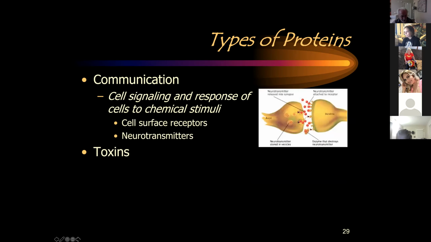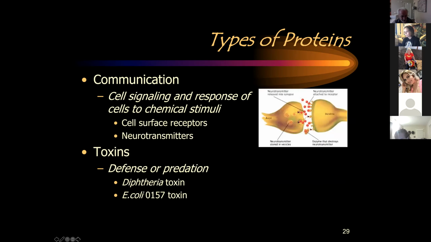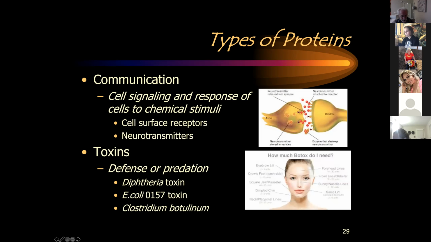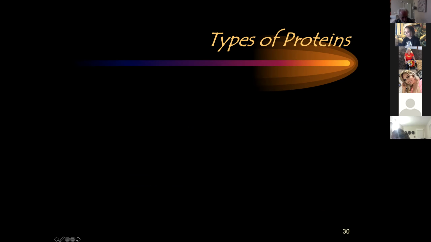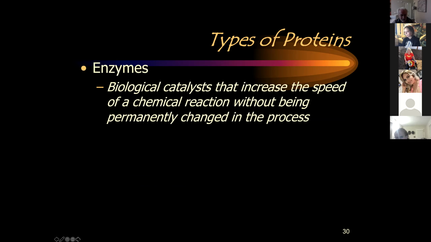Some proteins are toxins for defense or predation. Diphtheria toxin, for example, Clostridium botulinum, is the source of Botox. And then there are enzymes. Enzymes are what make living things live.